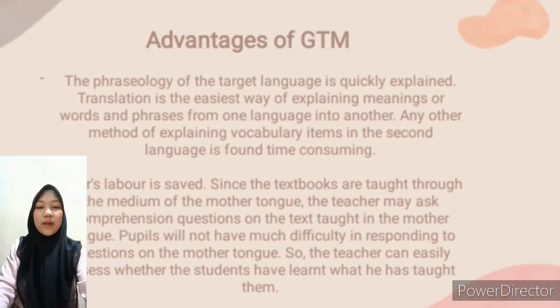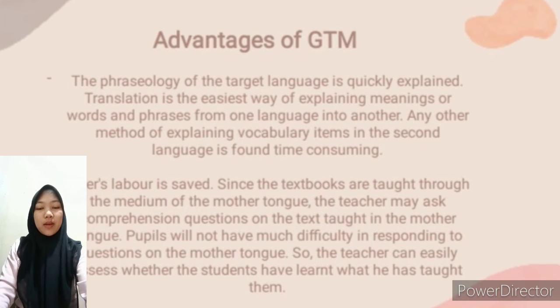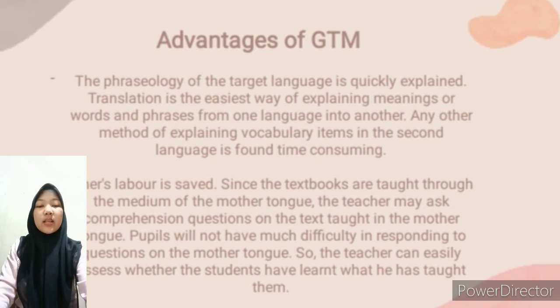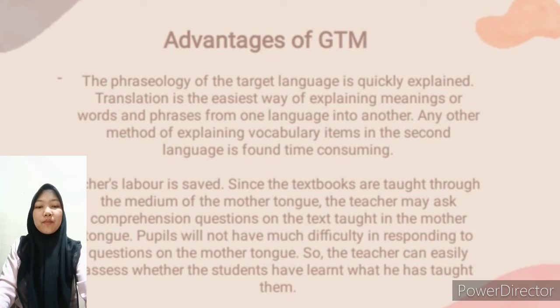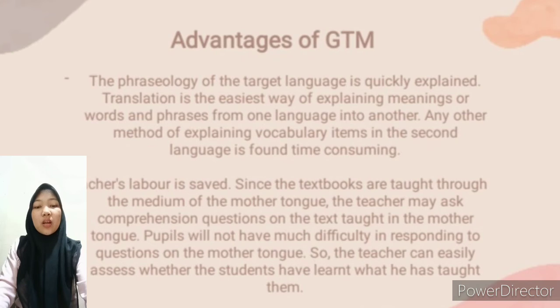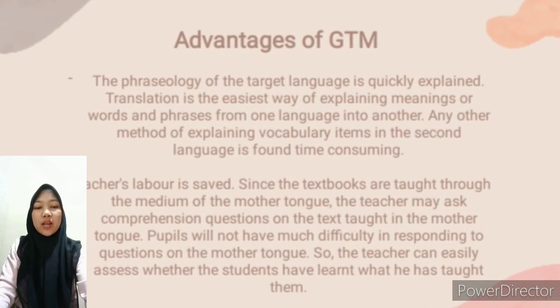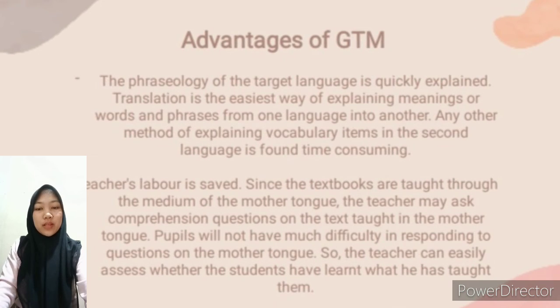Advantages of GTM. The phraseology of the target language is quickly explained. Translation is the easiest way of explaining the meaning of a word or phrase from one language into another. Any other method of explaining vocabulary items in the second language is found time consuming.